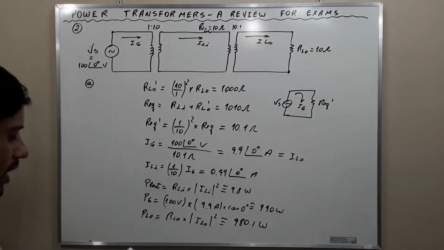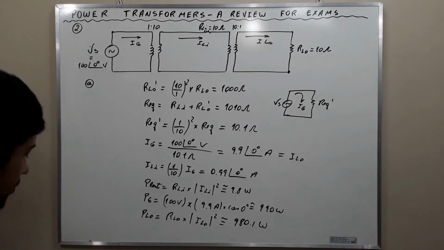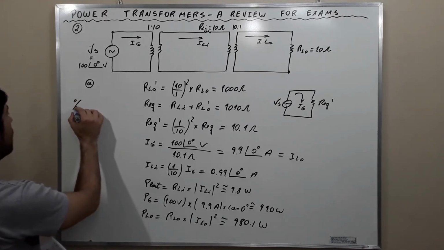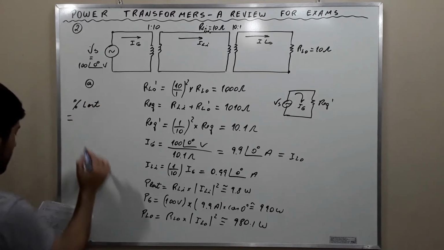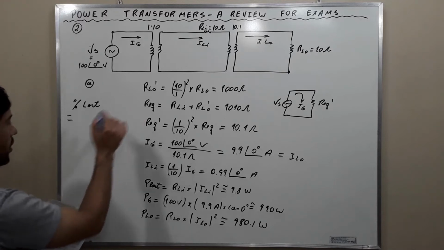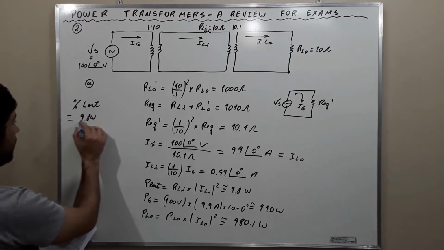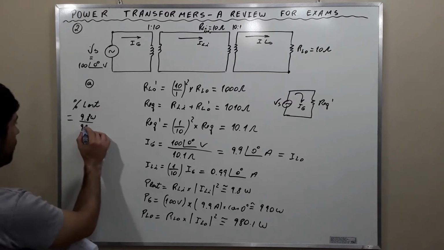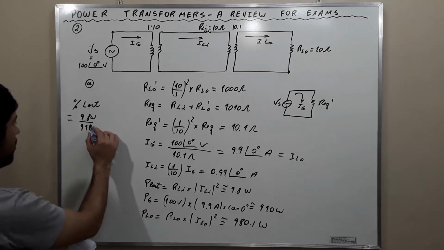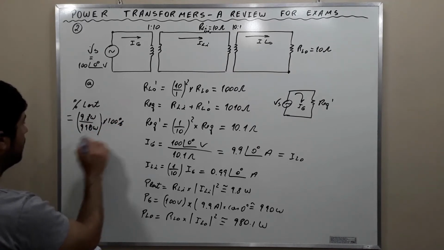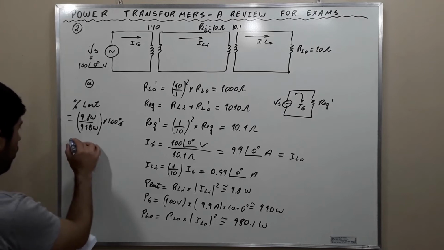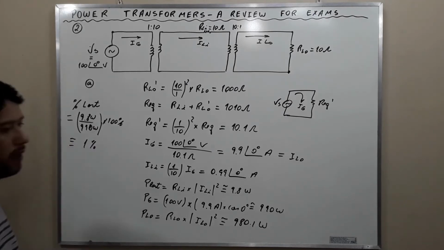And the percentage of power lost in transmission is going to be the power lost in transmission divided by the power of the generator times 100%, and this is equal to only 1%.